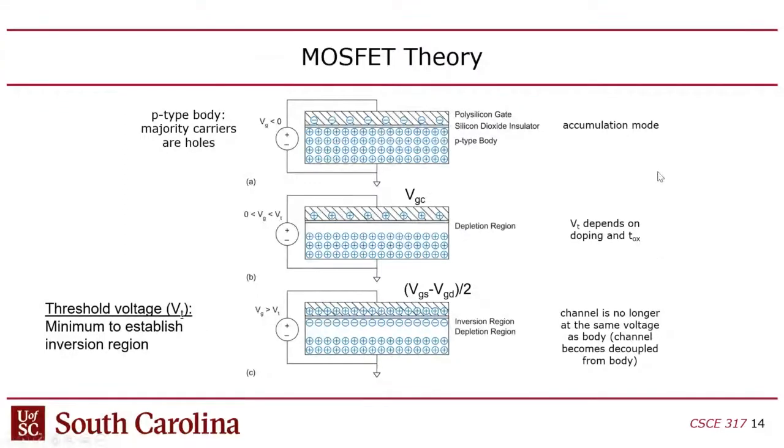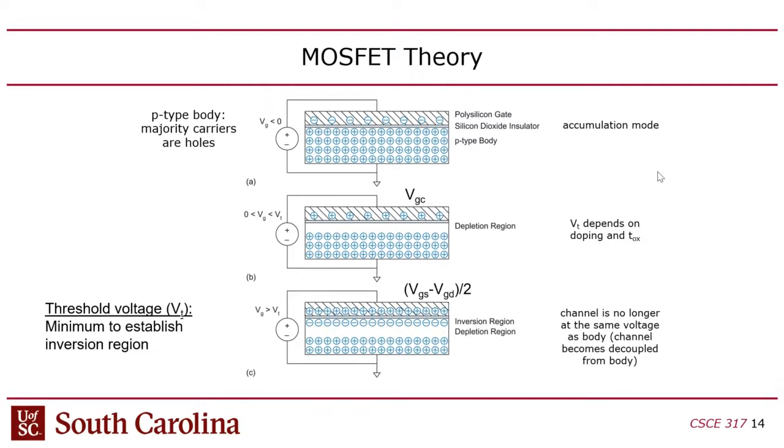Now the threshold voltage depends on the doping, how much you dope, and it also depends on the oxide thickness. However, most modern semiconductor processes generally have a threshold, like I said, of about 0.7 volts. That's the magic number.